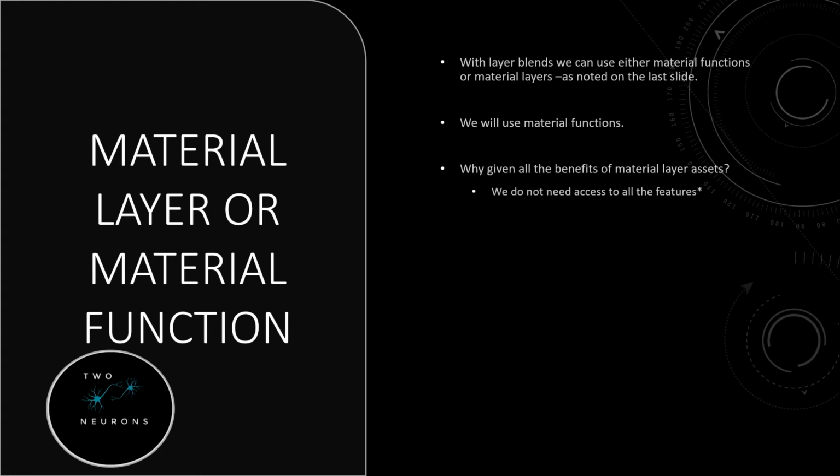Well, we don't need access to all the features in material layers. I would say if we're doing a layered sort of thing like a human with clothing, skin, glasses, eyes, hair, etc., then yes, probably using material layers as assets instead of material functions makes a bit more sense to do. In this case of our landscape, we don't need all those features. And this is a point we discussed in the first prep video, picking your engine.